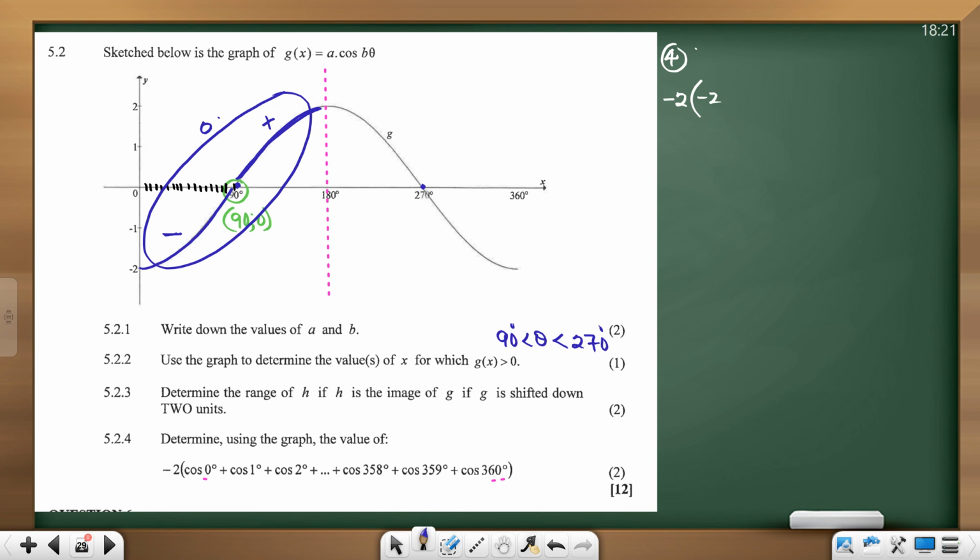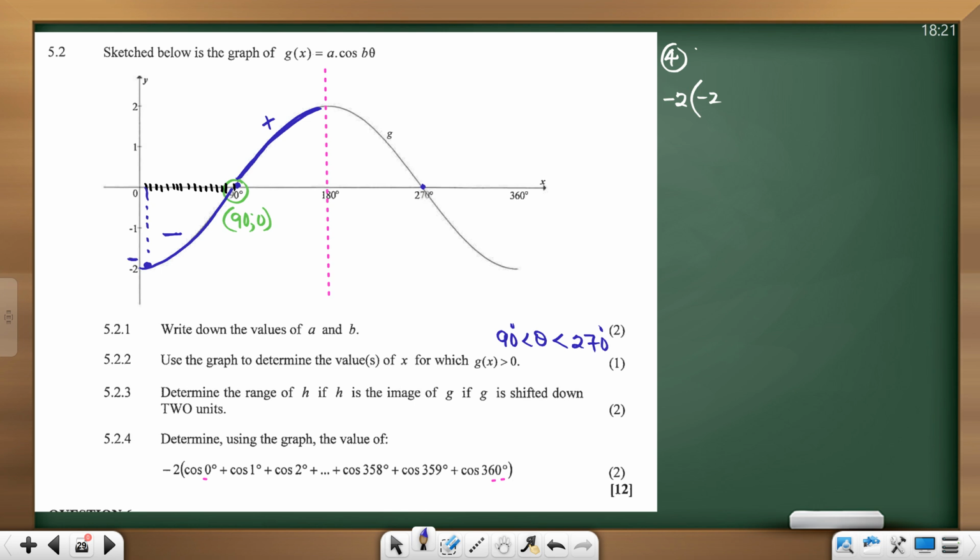Okay, hold on. Let's go back. I pick 1, for example, it's negative. Above -2, right?